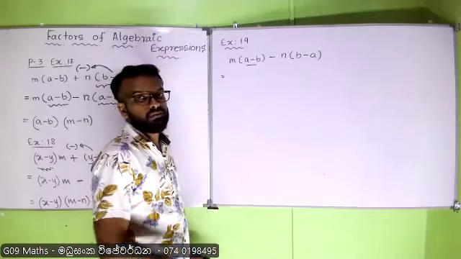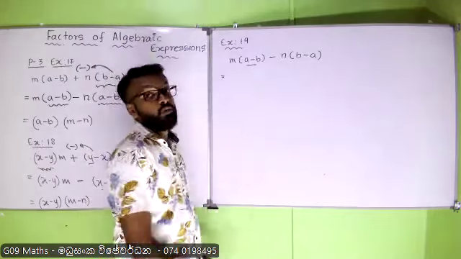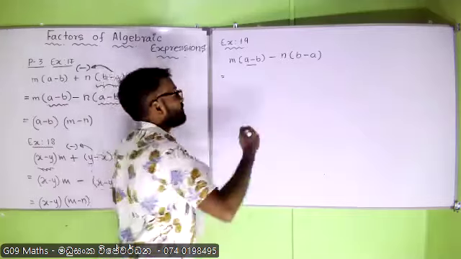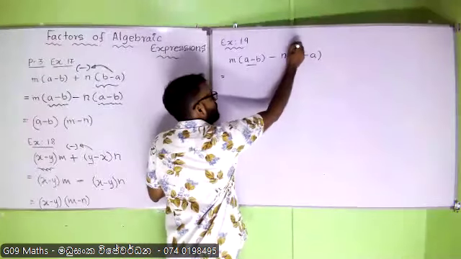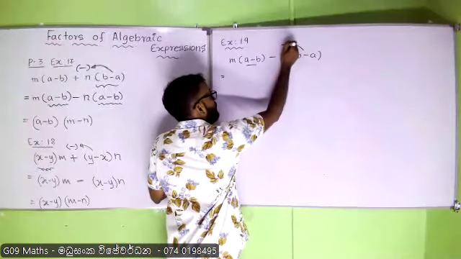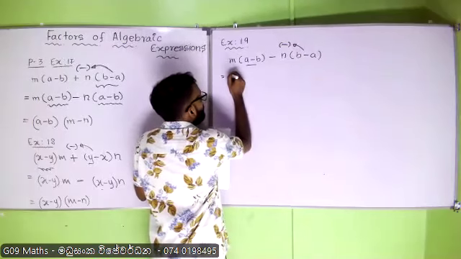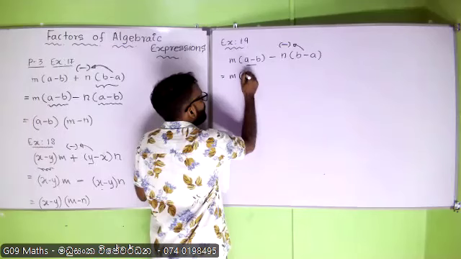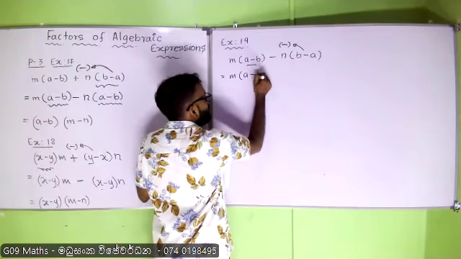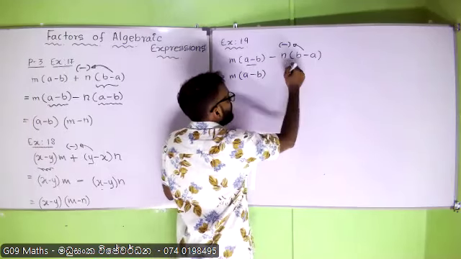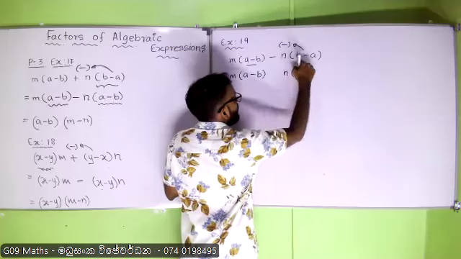Yes, by taking the negative sign out. If you take the negative sign out from here, this becomes a minus b. So here you have m times a minus b, and here you have n times a minus b.